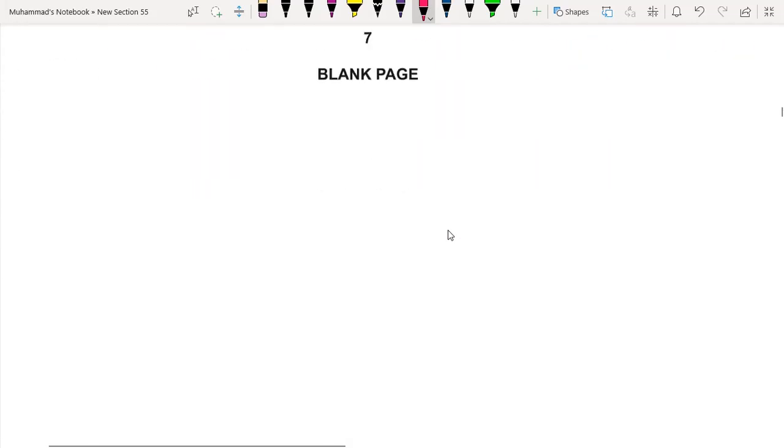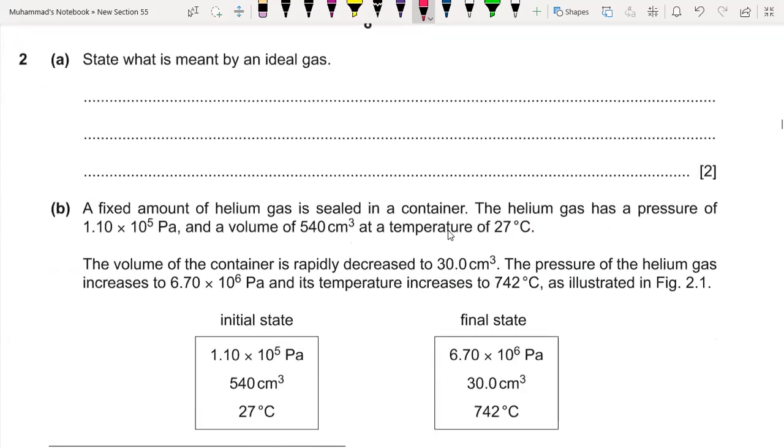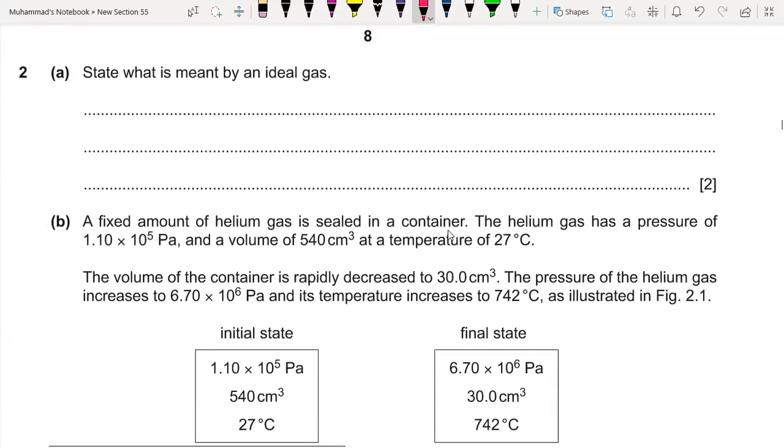Okay, so let's move towards the second question. State what is meant by an ideal gas. You know, what's the definition of an ideal gas? An ideal gas is the gas which obeys this equation, PV is equal to nRT.